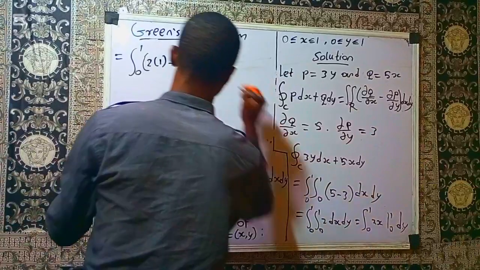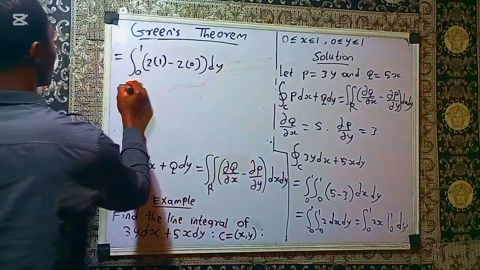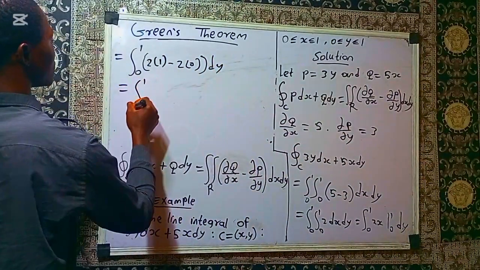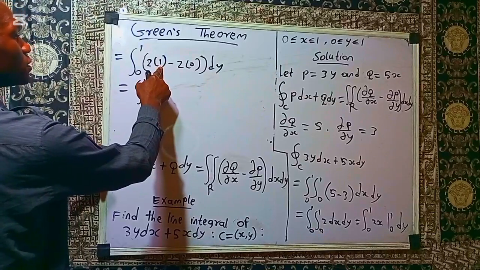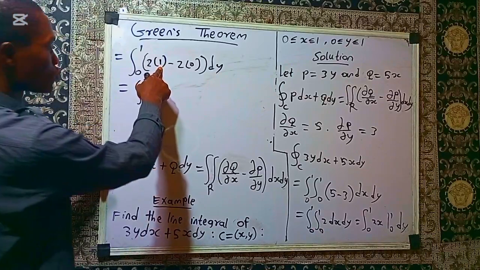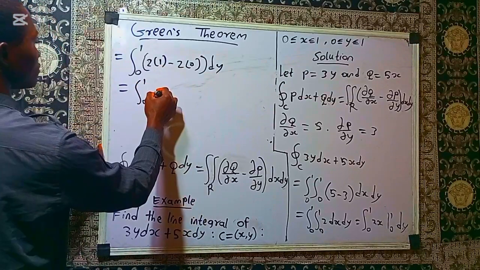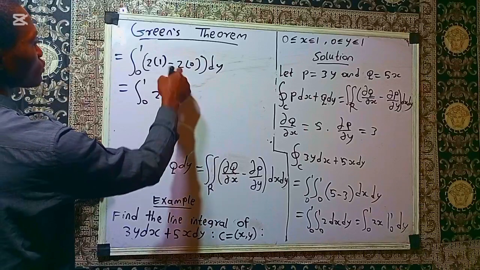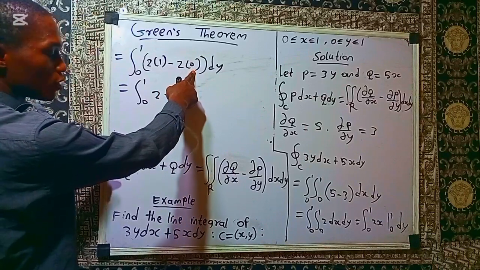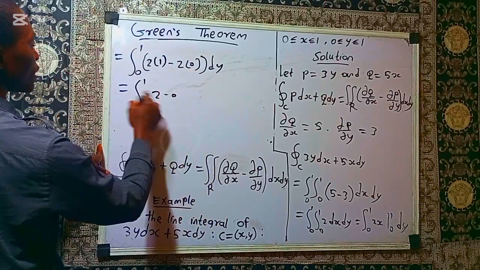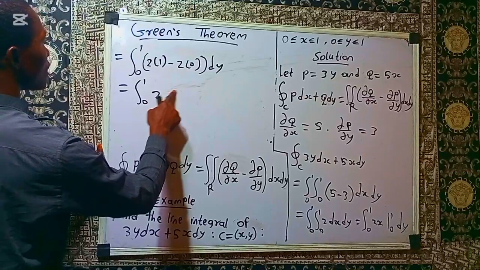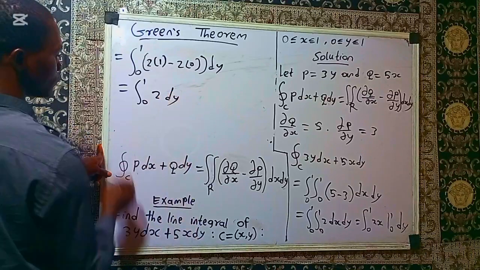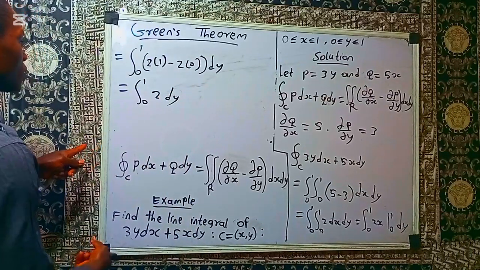Then we have dy. 2 multiplied by 1 is 2, and 2 multiplied by 0 is 0. So 2 minus 0 is 2. So we are going to have 2 dy.